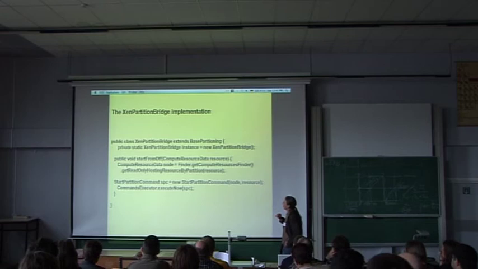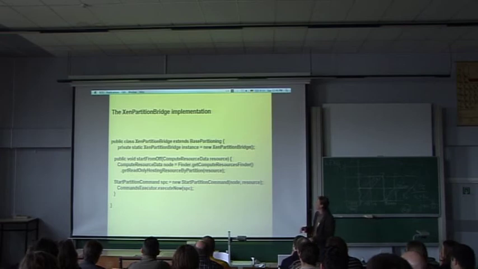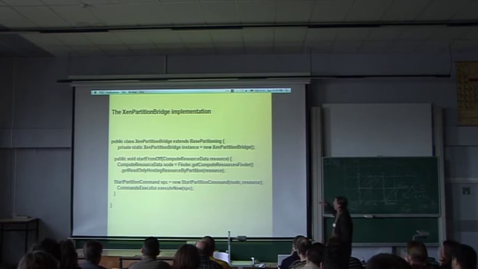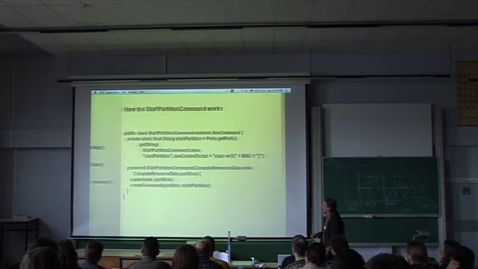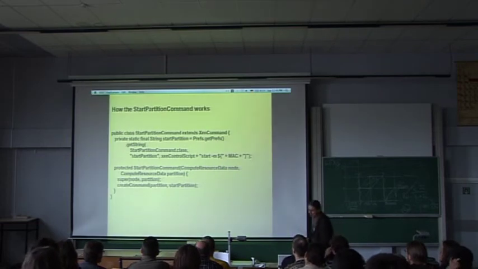It finds the virtualization host for the virtual machine, and then runs the start partition command on the node with the resource attached. So the start partition command, I have to get on a bit faster, I don't have so much time anymore.